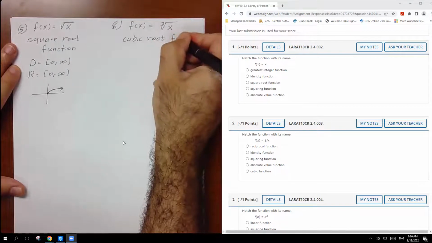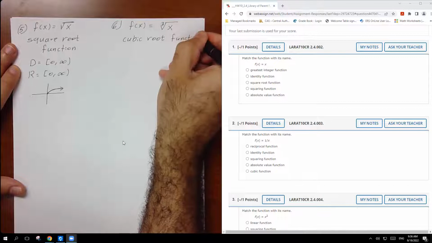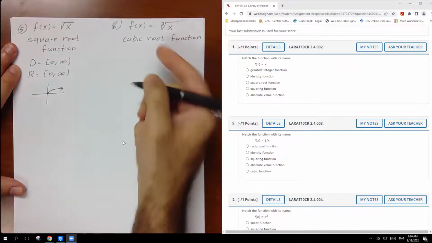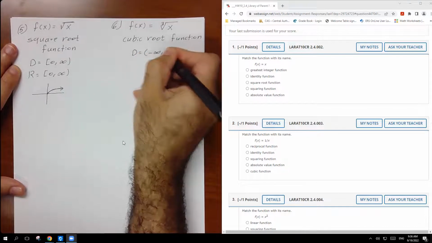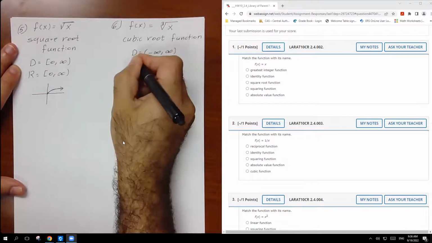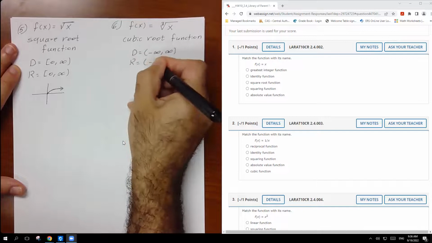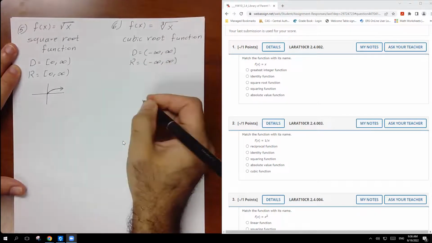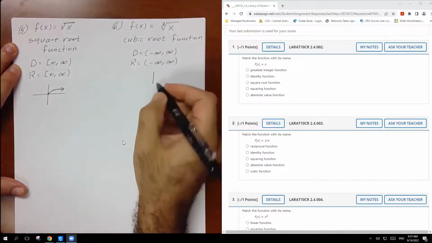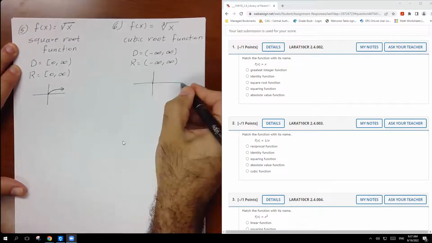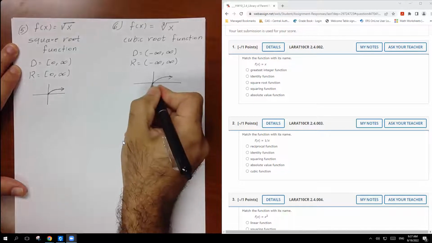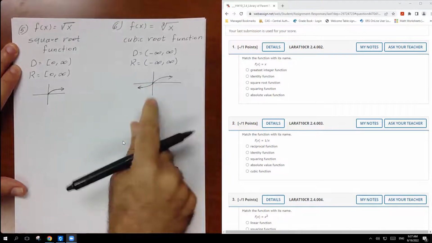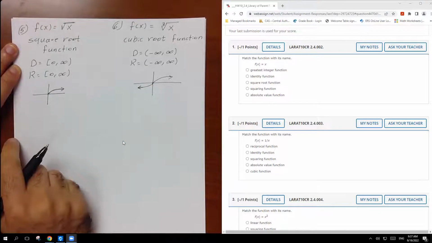Cubic root function. So the domain for this function always from negative infinity to positive infinity, and the range, the same thing. If you graph this function, this side is going to be exactly like here, but we have another side. So that's the difference between these two functions.